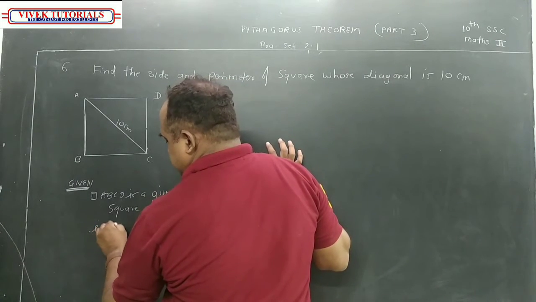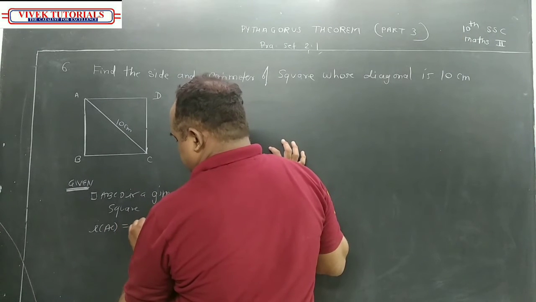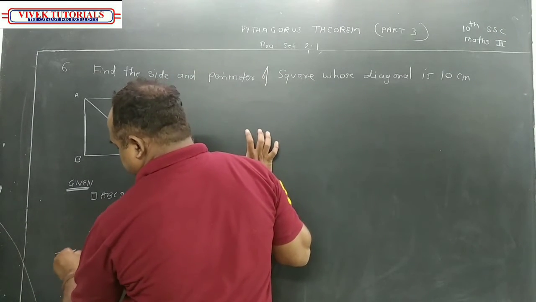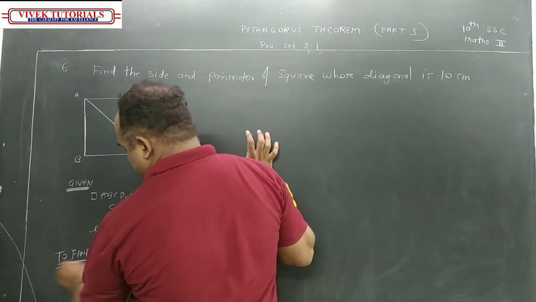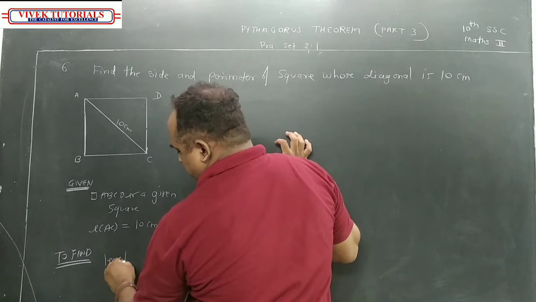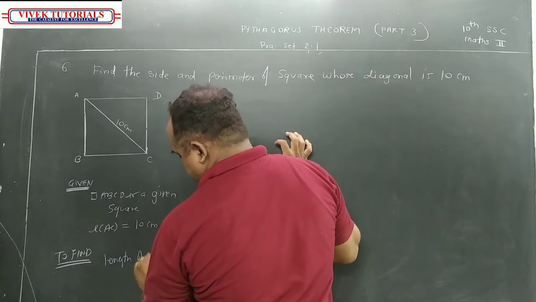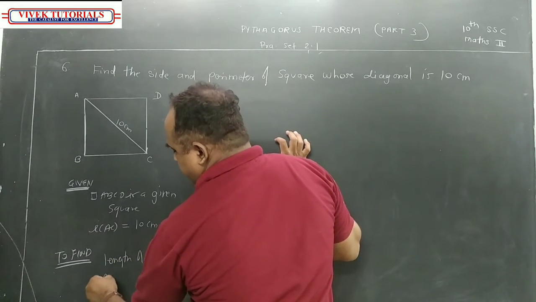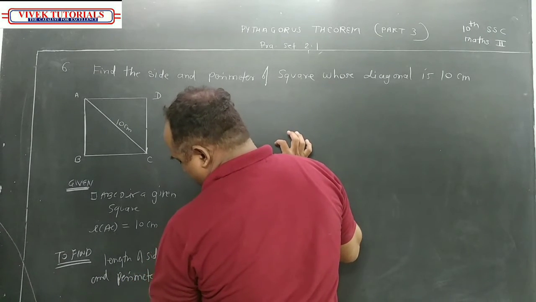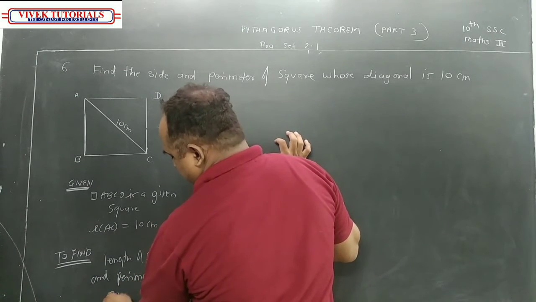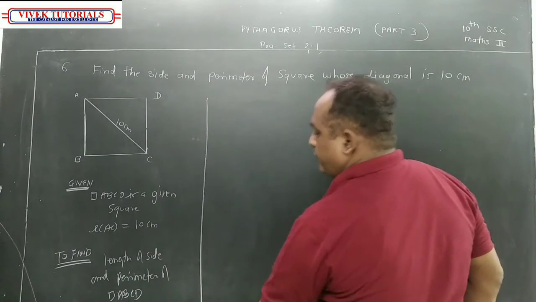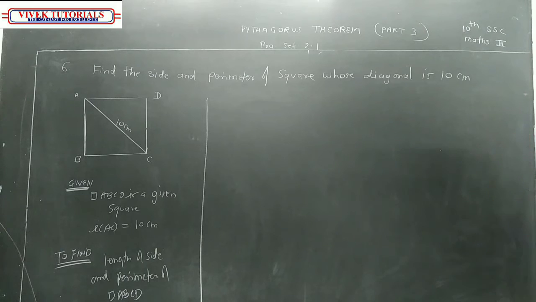Length AC is equal to 10 centimeter, and what they have asked to find is the length of side and perimeter of quadrilateral ABCD. Yeah, perimeter of a square.